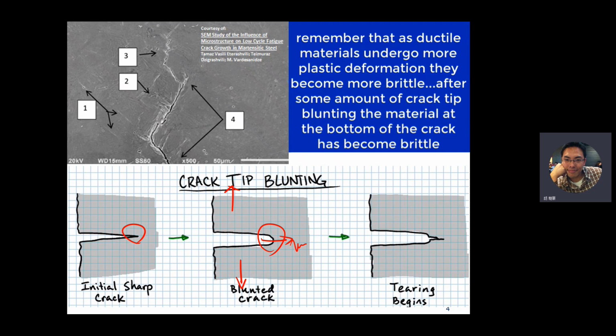If we keep applying the stress, the second fracture phase will form another sharp crack tip. So when the tip is blunted and we keep applying the stress, the tearing begins and the second fracture phase forms. Therefore the crack will keep propagating.